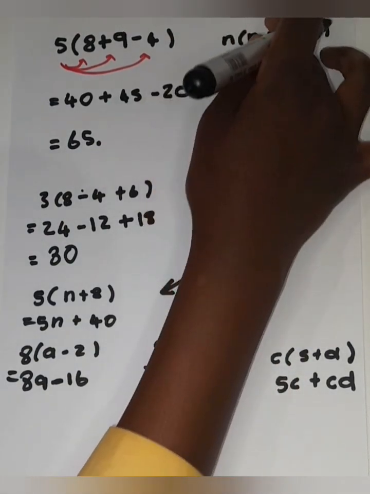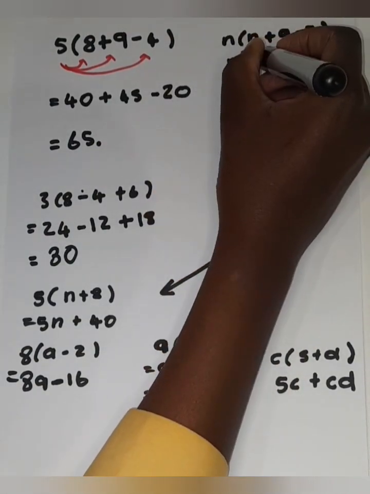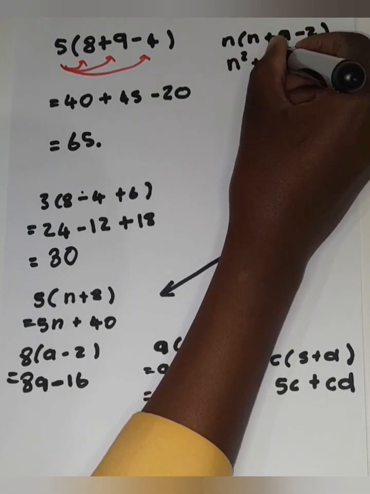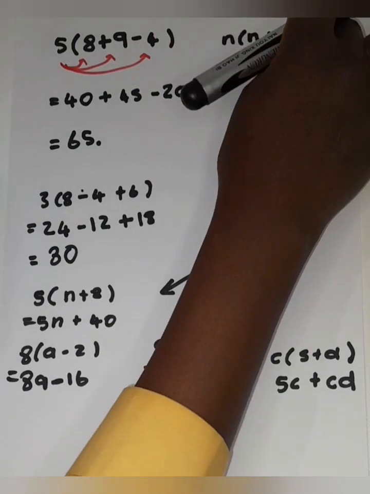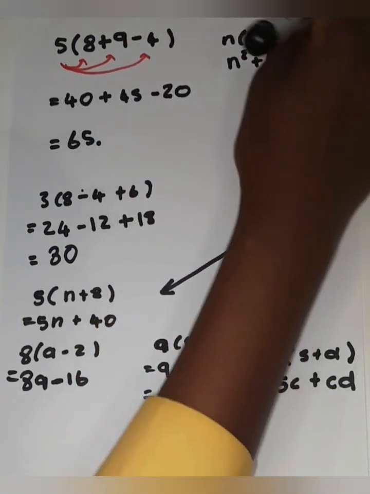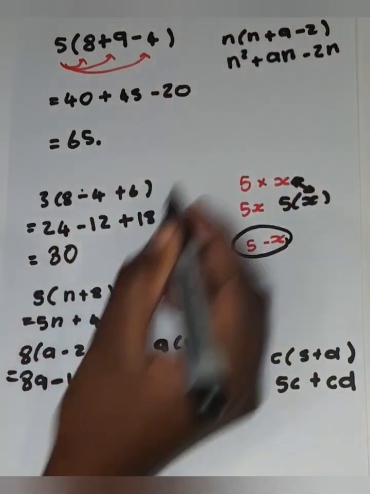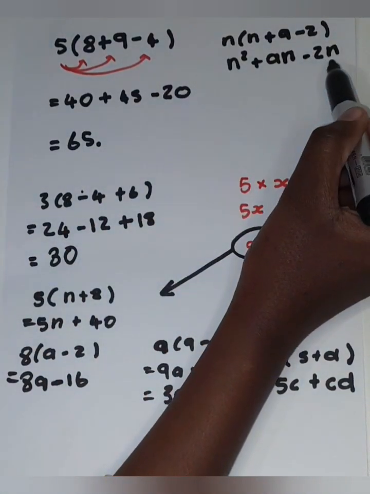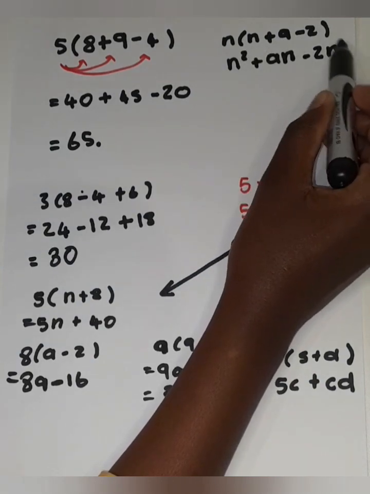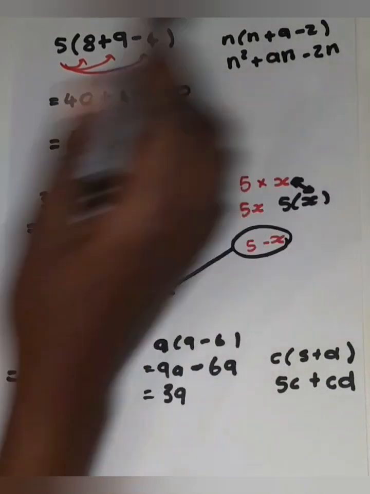So N times A, which is AN, with the positive sign. And then negative 2 times N is negative 2N. Mind the signs. You look, are they like terms? No. Even this is squared and this is just an N. These are not like terms.